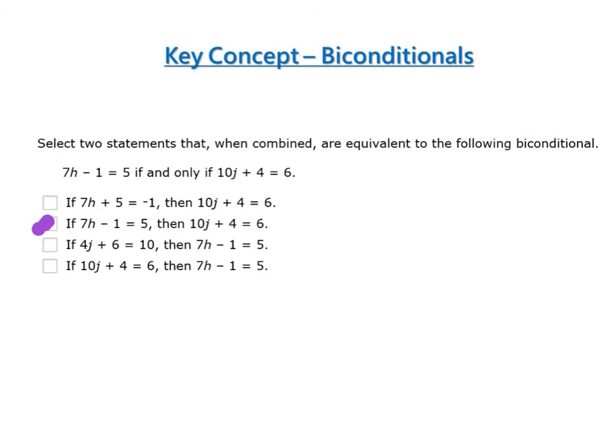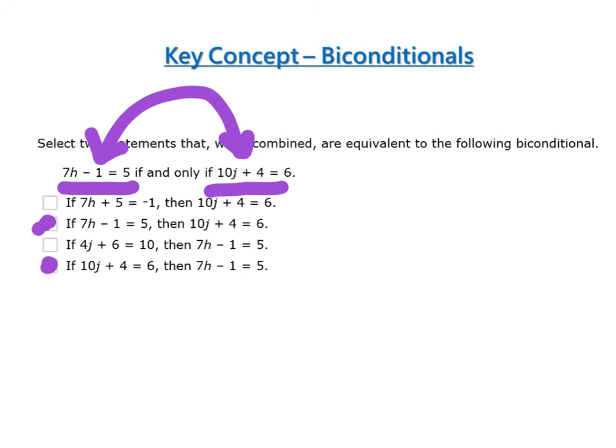Well, that one is right there. Now I'm looking for the converse, so I'm looking for 10j plus 4 equals 6 and 7h minus 1 equals 5. And that one is right there. So those two statements are the conditional and the converse of the conditional, and they made that biconditional statement true. Again, I'm just looking for this statement and the converse. That means when they switch sides.